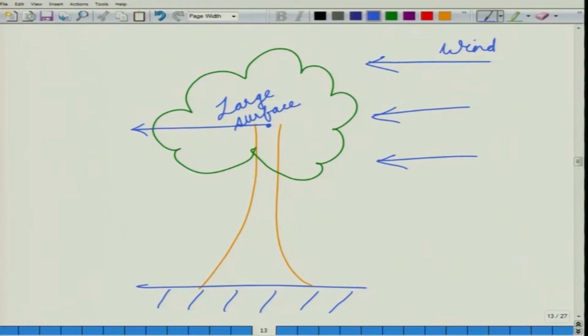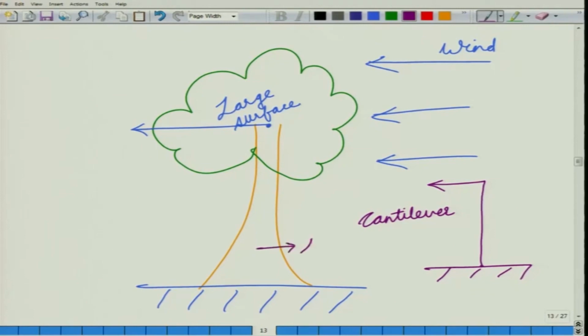So, if we wanted to represent it in an engineering fashion, it would be something like this. You have a beam on which a force is being applied and this beam is anchored at the bottom. Now, this structure is called a cantilever. The substance making the tree stem is the same whether you consider a point here, or here, or somewhere in between.